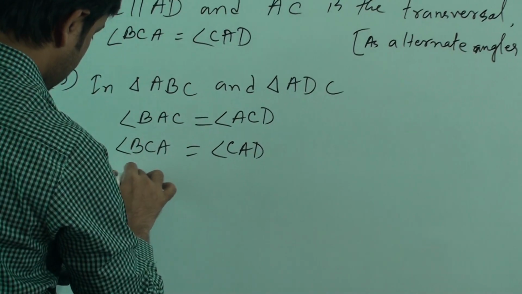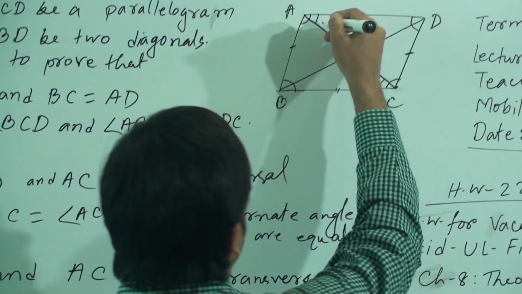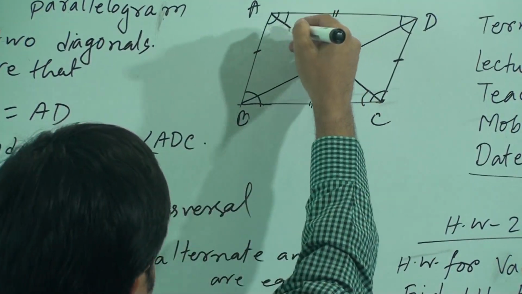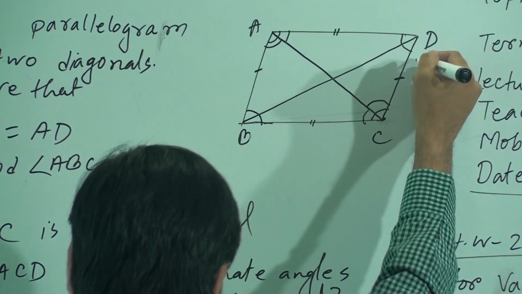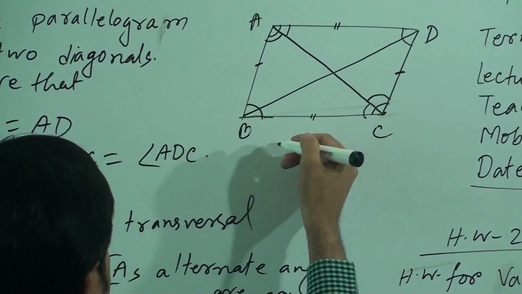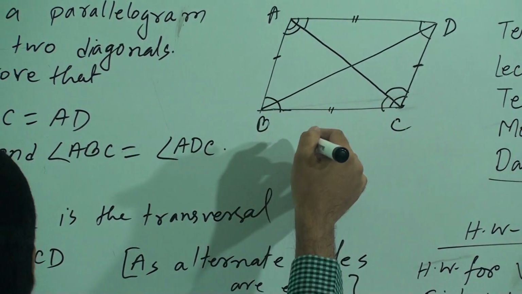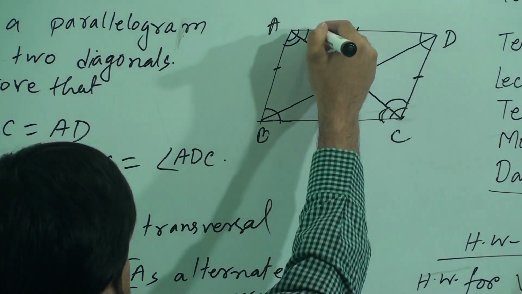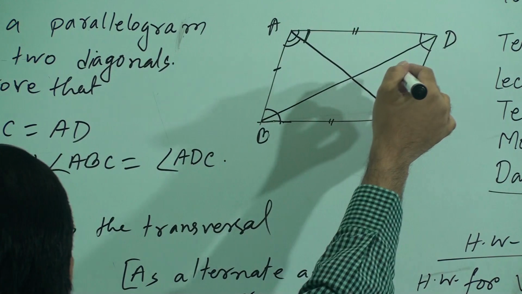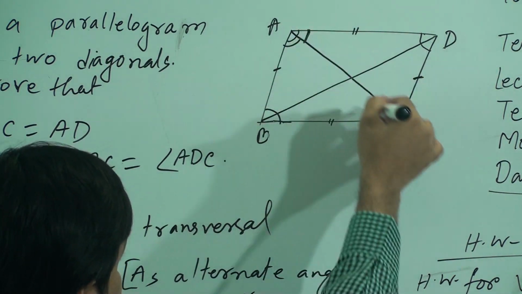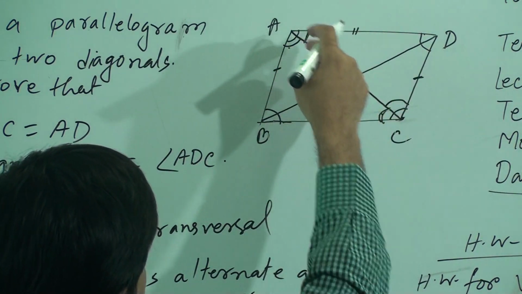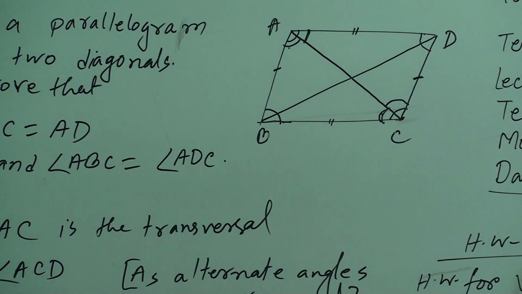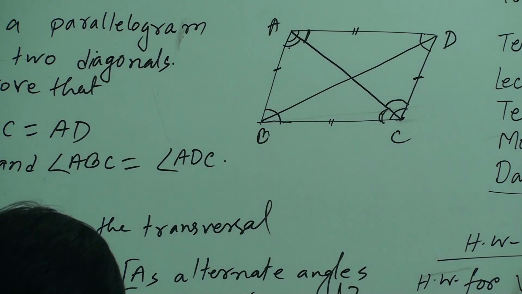If we see the figure, angle BAC is equal to angle ACD, and angle BCA is equal to angle CAD. The adjacent side of these two angles is AC. In this triangle also the adjacent side of these two angles is AC. So AC equal to AC, common side. So the justification is common side.